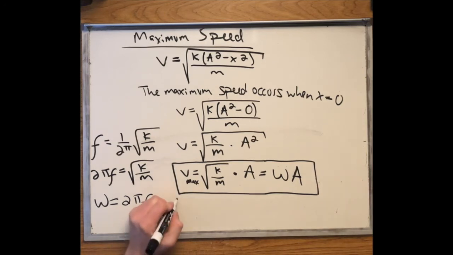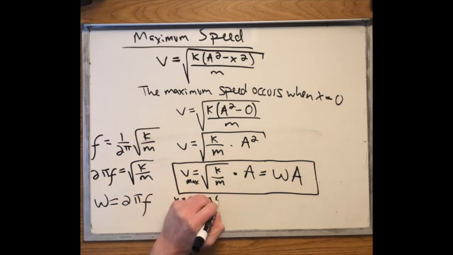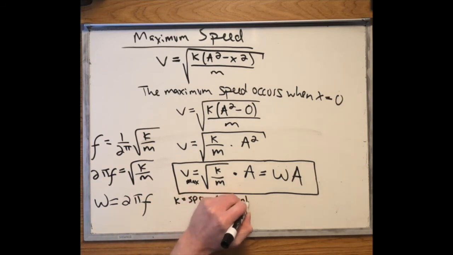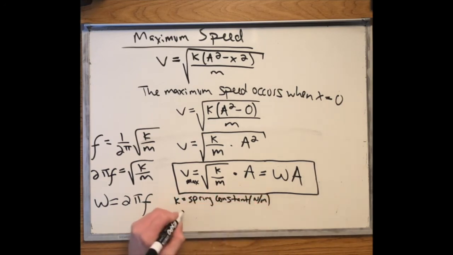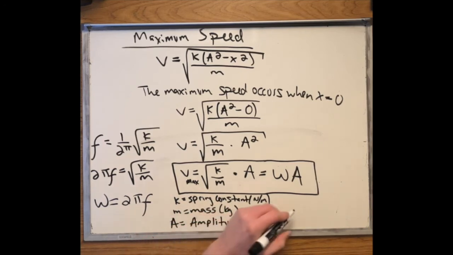Let's take a second to define these terms here. k is the spring constant in newtons per meter. m is the mass measured in kilograms. a is the amplitude measured in meters.